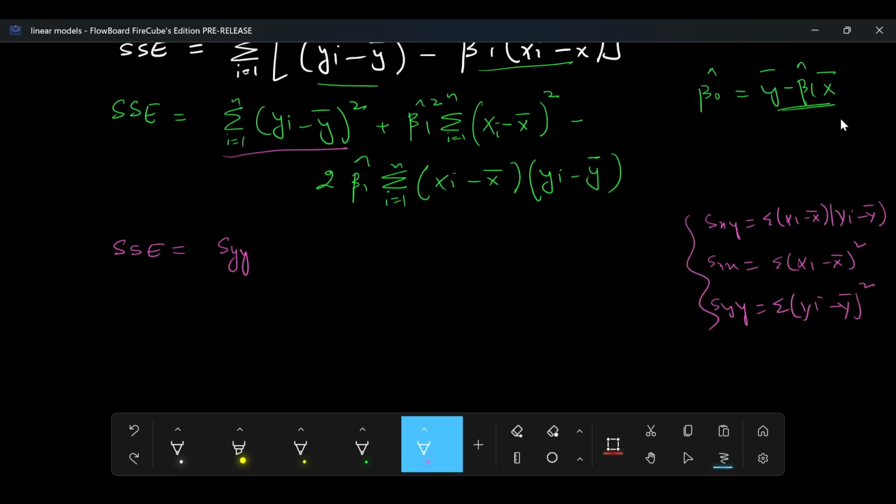So this is SYY plus beta 1 hat square SXX minus 2 beta 1 hat, और ये क्या है SXY.